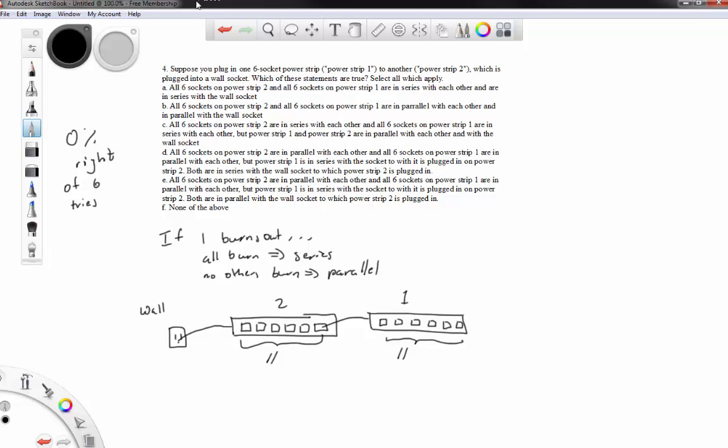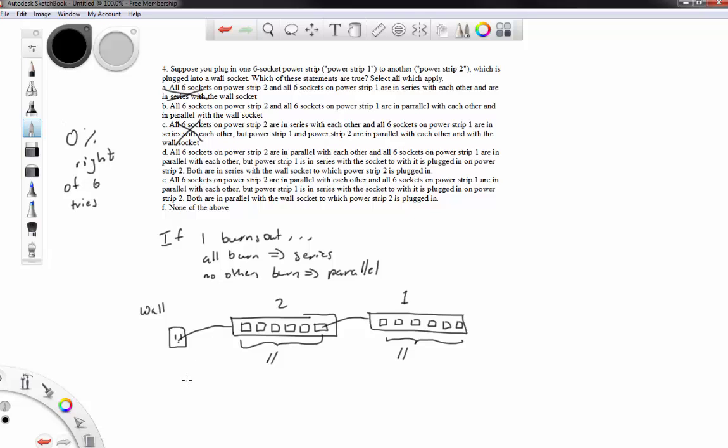So we come up here and we eliminate anything that says that the sockets within a given power strip are in series with each other. So that gets rid of option A because that says that they're all in series with each other. Let's see here. All 6 on strip 2 are in series, so we can eliminate C. And the rest are parallels.